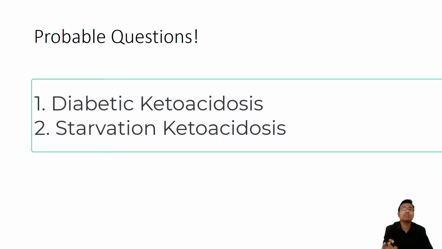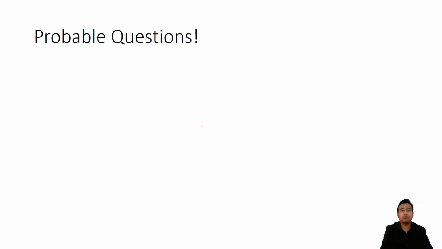These two distinct terms should be used. In your textbooks you may find prolonged diabetes or uncontrolled diabetes or prolonged starvation. Definitely the same condition, because in both those conditions ketone bodies will be produced.